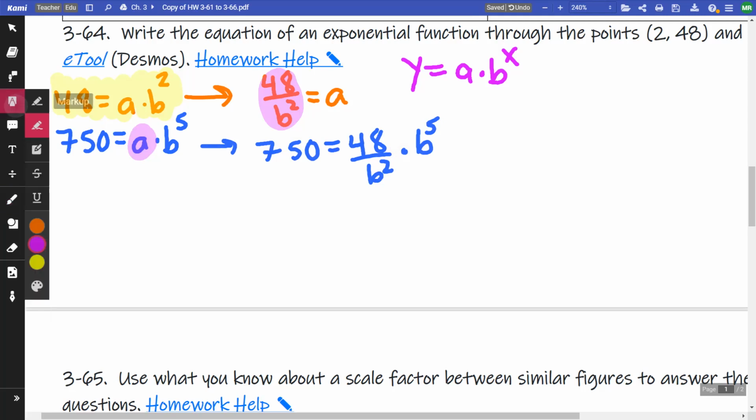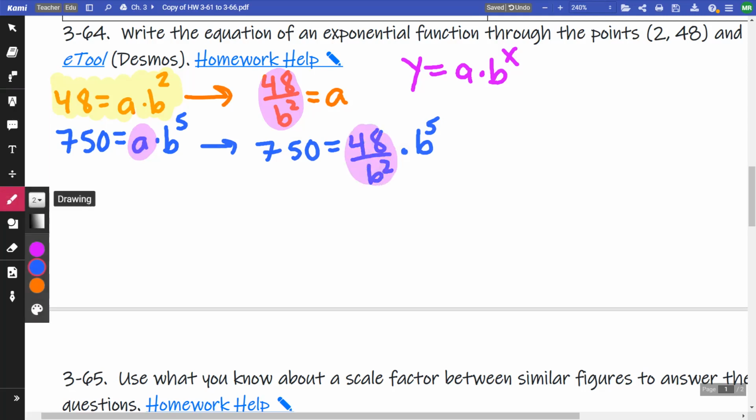Okay, again, this was my a. So now I have a b squared on bottom that will be canceling out with my b to the fifth, leaving me with a b to the third. That's why I chose to solve the one with my smallest exponents, because I knew that was going to be on bottom. And it's much easier if I'm doing it with the smaller of the two.